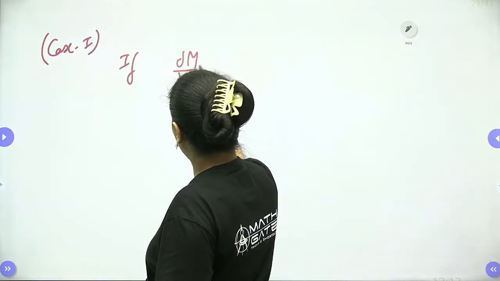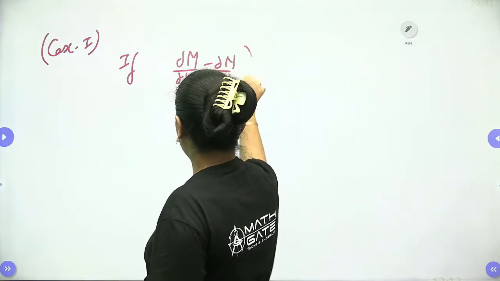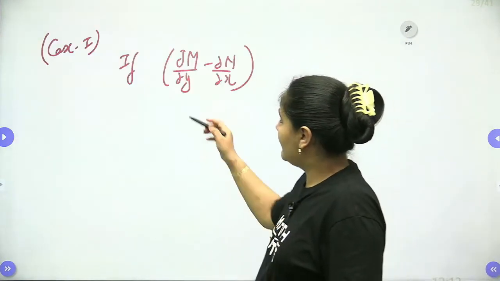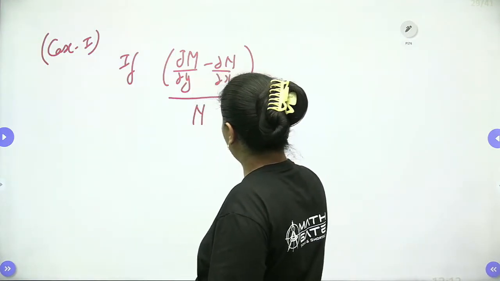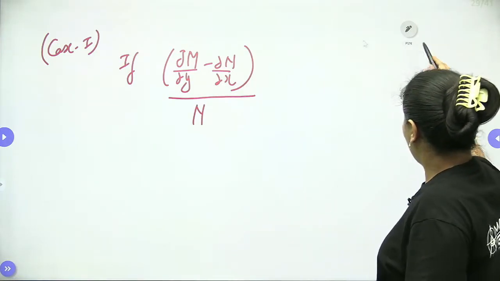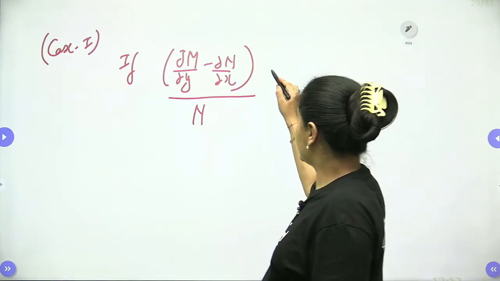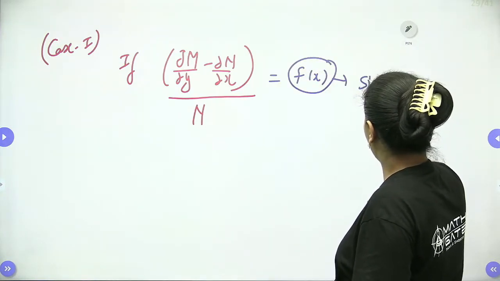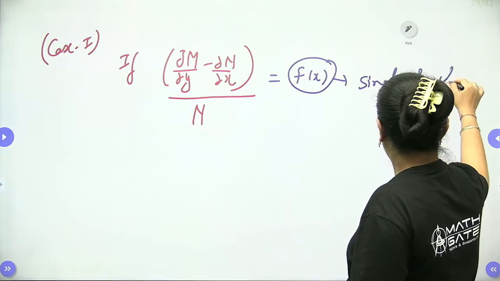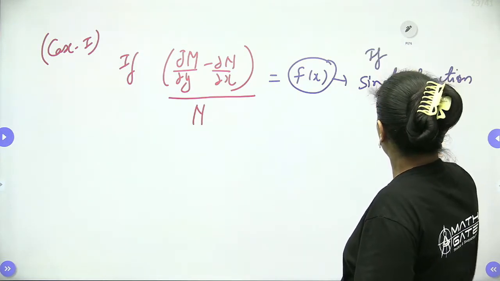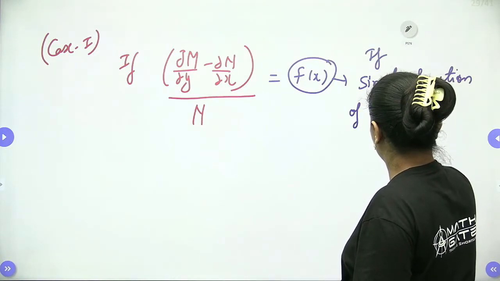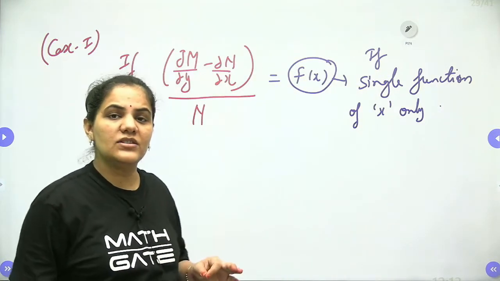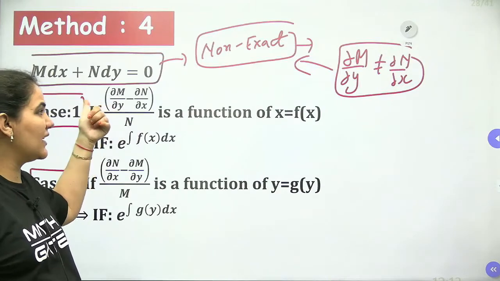If you find the value of del M by del y minus del N by del x, which is not equal to 0, and when you divide this complete quantity by N, and it gives you a single function of x only, then only you will go for this method, the case number 1.